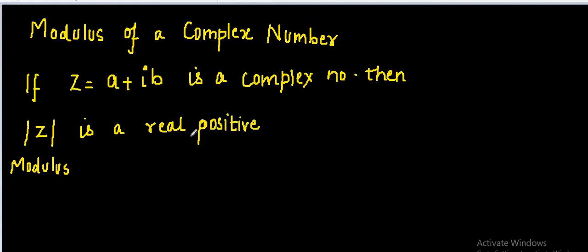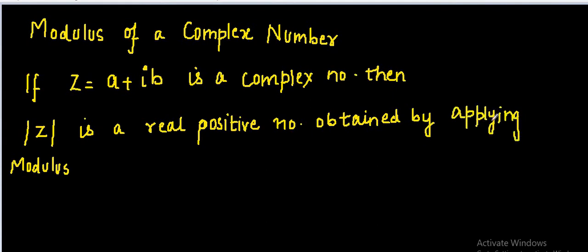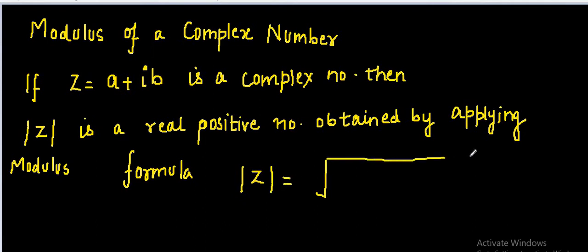It is always positive, so it is a real positive number obtained by applying the formula mod z is equal to square root of real part of z whole square plus imaginary part of z whole square.